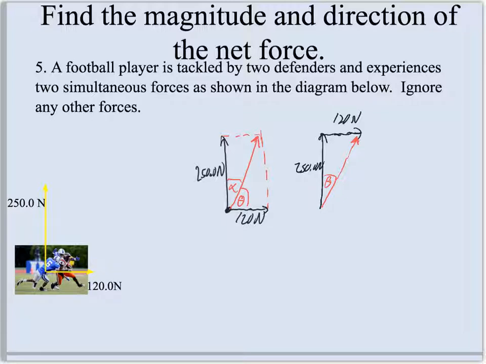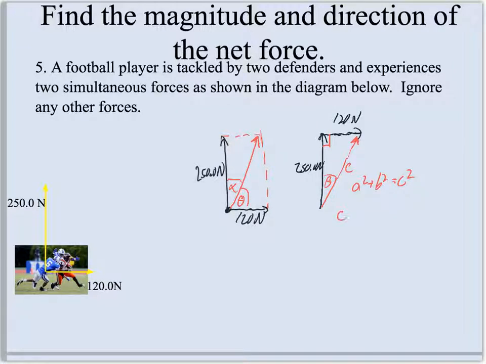So how are we going to determine the hypotenuse of this right triangle? Well, I hope that by now it's become second nature to you to know that's going to be the Pythagorean theorem. So we know a squared plus b squared equals c squared, where c is our hypotenuse.